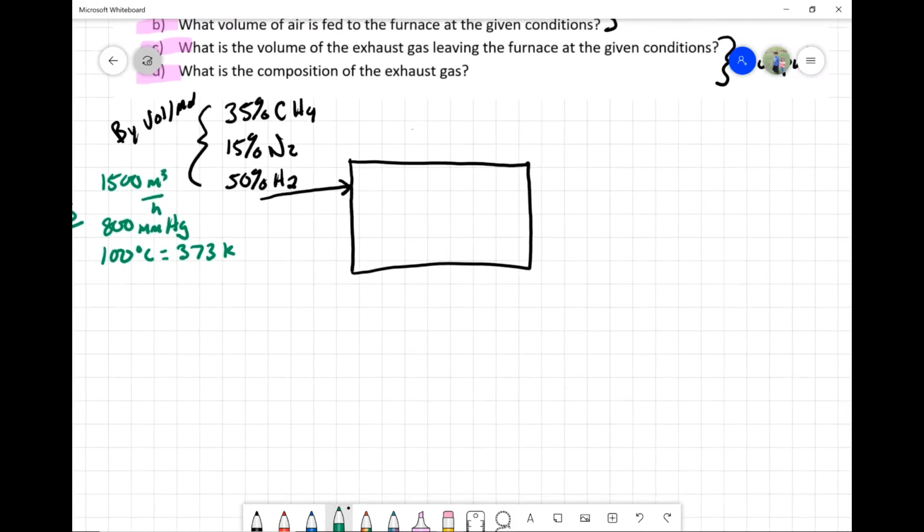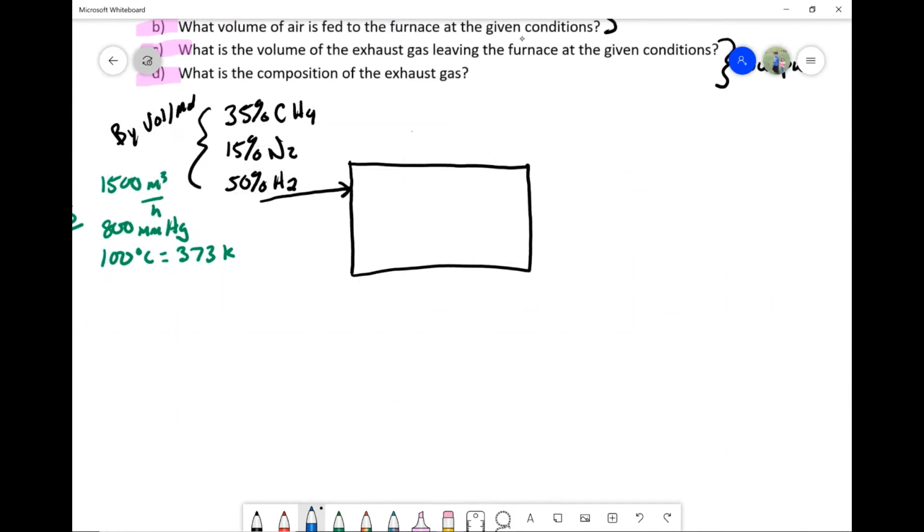We also have some air, and I'll color code the air because I got a little messy, and hopefully my messiness doesn't make it confusing.